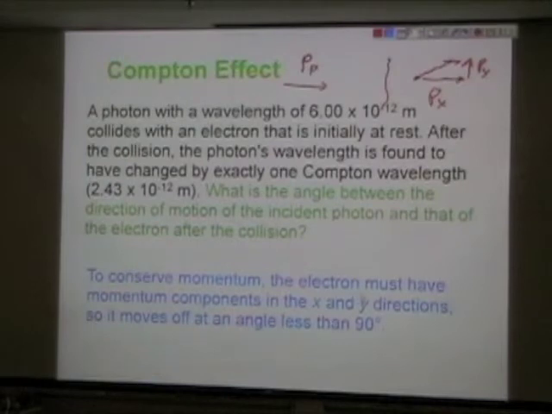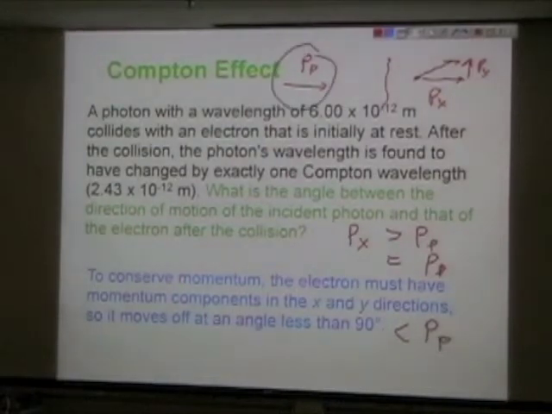So px could be greater than, equal to, or less than the momentum of the photon before the collision. So what do you think about it?